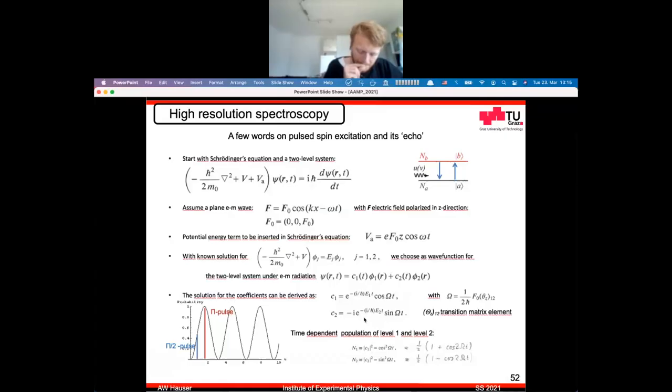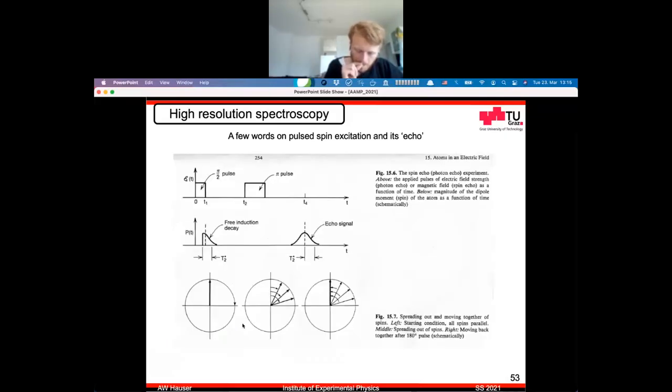And this is now better explained in a different picture, in this picture of a rotating dipole moment, which gives rise to the upper and lower energy levels. We said for the lower level, it will be a mu rotating this way, and for the upper level, a mu rotating this way.